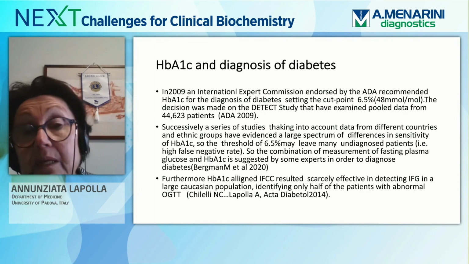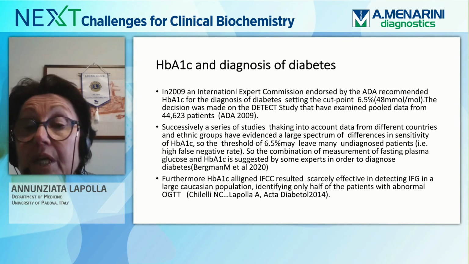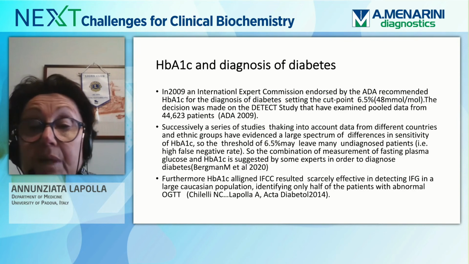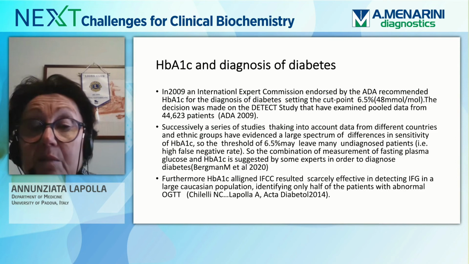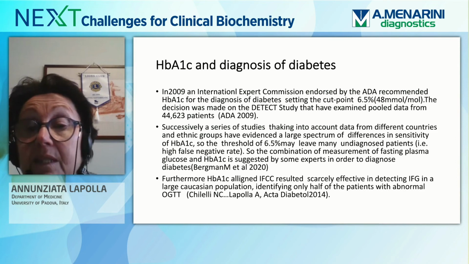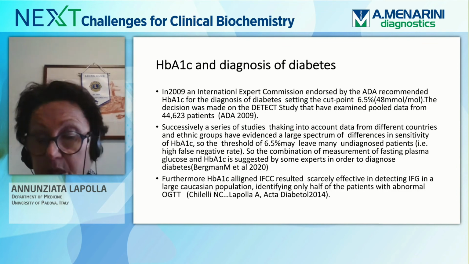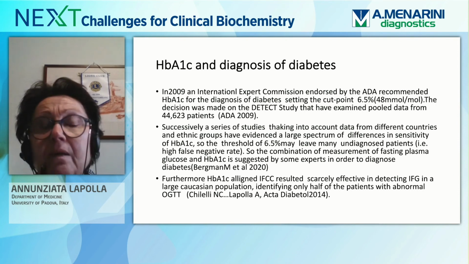So some authors recommend the combination of measurement of fasting plasma glucose and HbA1c to screen patients for diabetes. Furthermore, HbA1c aligned to IFCC resulted scarcely effective in detecting impaired fasting glucose in a large Caucasian population, identifying only half of the patients with abnormal OGTT.